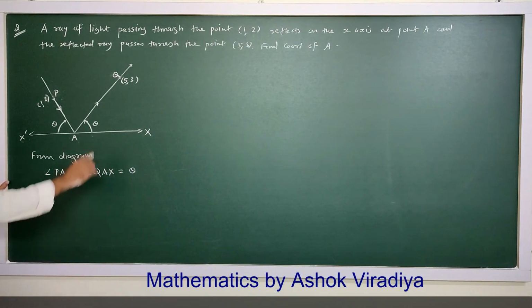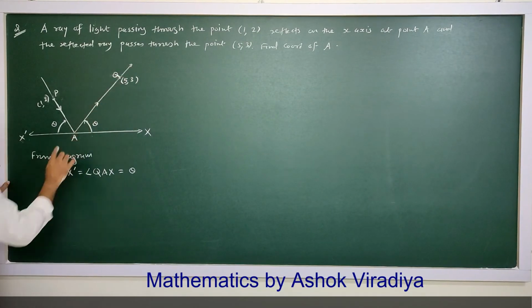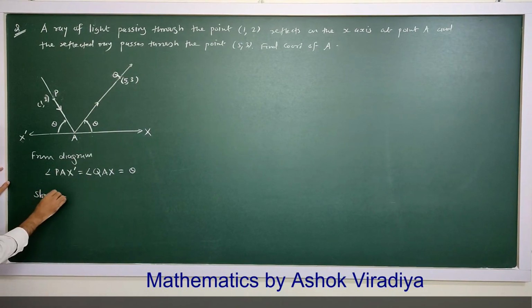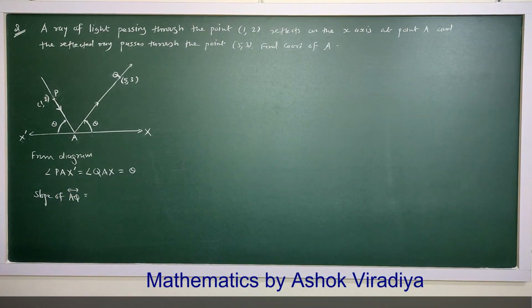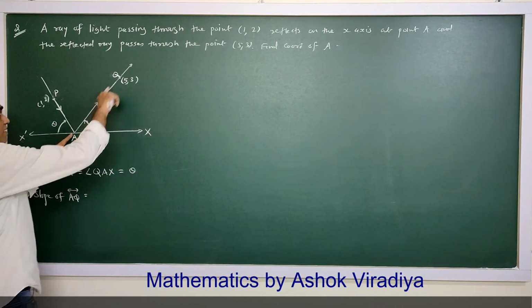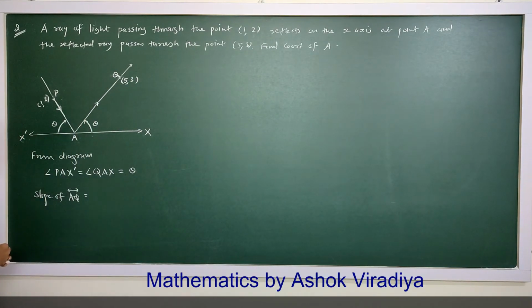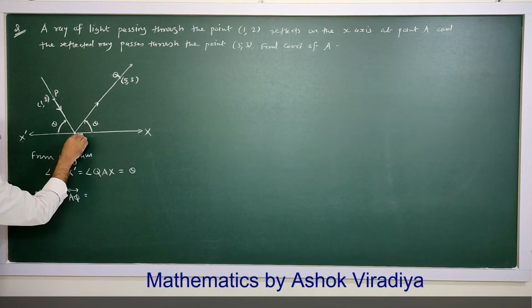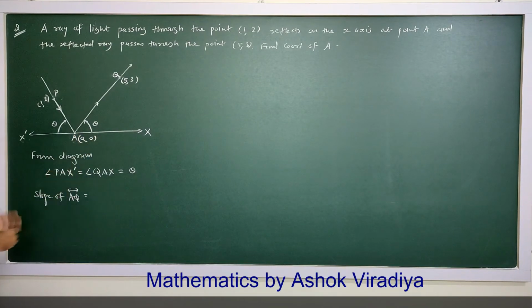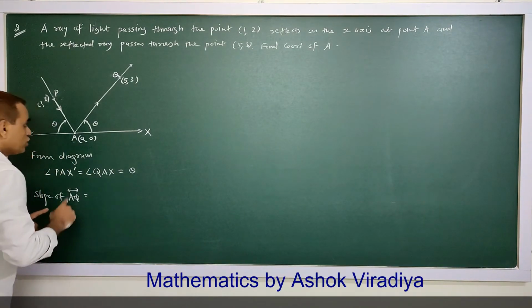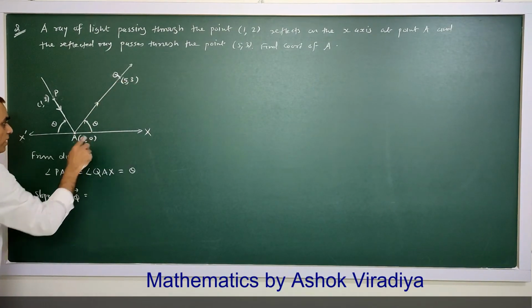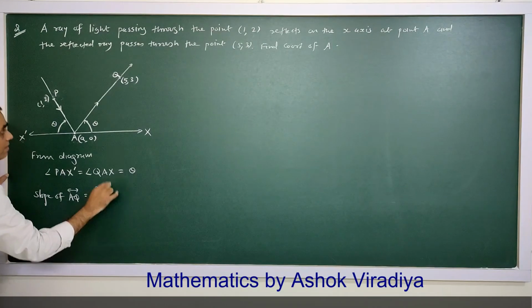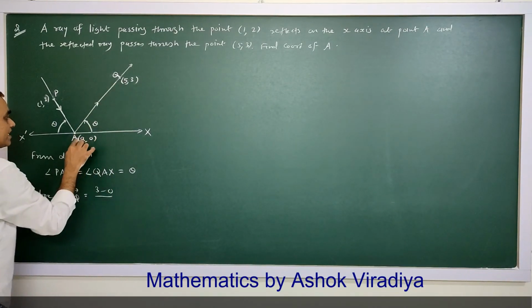So the slope of line AQ, we calculate from these 2 points. Because this point is on the x-axis, let me take its coordinates as A, 0. So the slope of AQ is y2 minus y1 upon x2 minus x1.